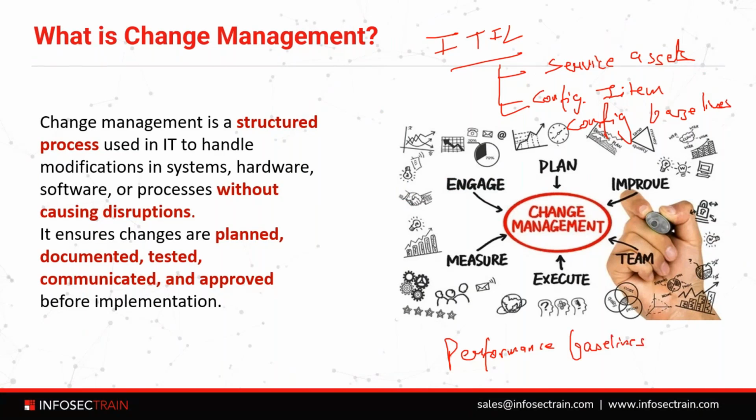So performance baselines are metrics for expected performance to provide a basis for comparison for ongoing monitoring of a configuration item. The main difficulty in implementing a workable configuration management system is in determining the level of detail that must be preserved.